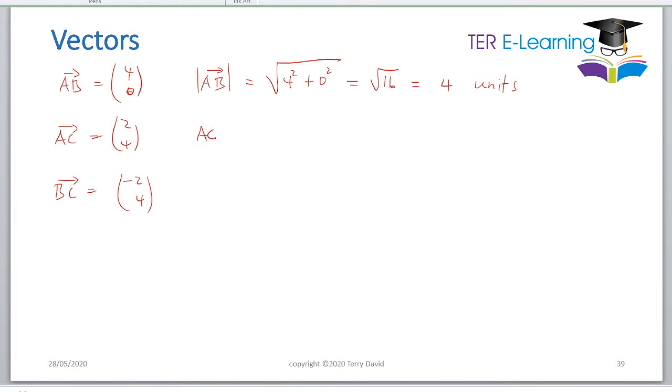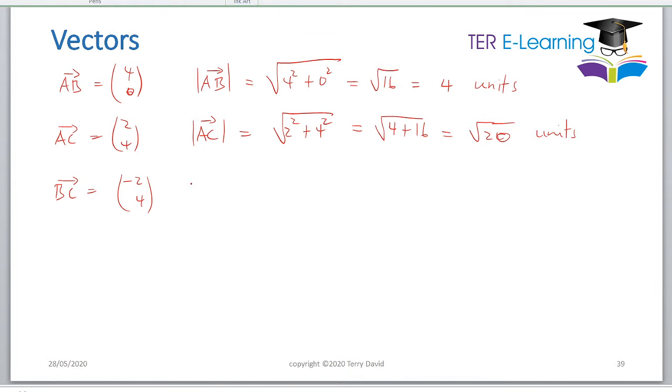Then we need to work out AC, which is the square root of 2 squared plus 4 squared, which is 4 plus 16, the square root of 20. You don't need to work this out; you could just leave it as the square root of 20 units.